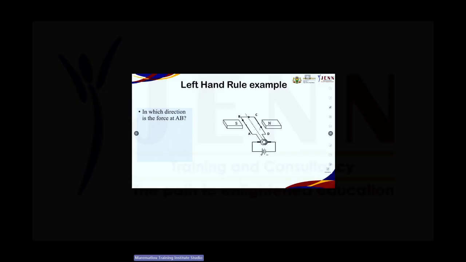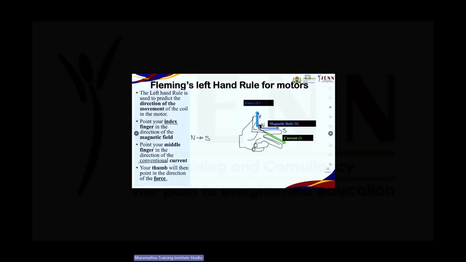So remember, if we look at our hand again, the force is where your movement comes in. Remember the three things we mentioned in the beginning. Your thumb is going to show the movement.